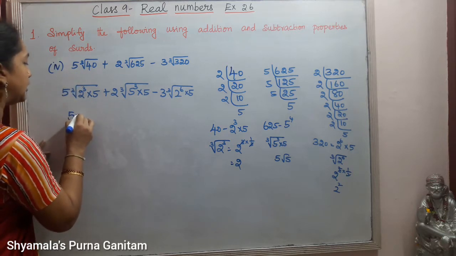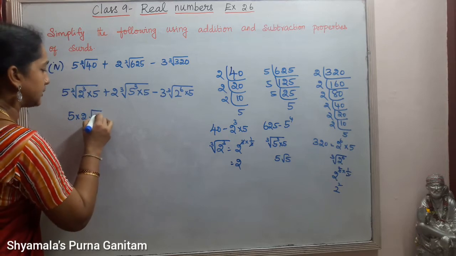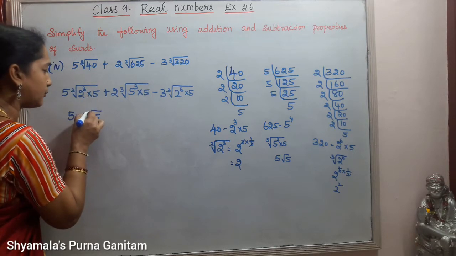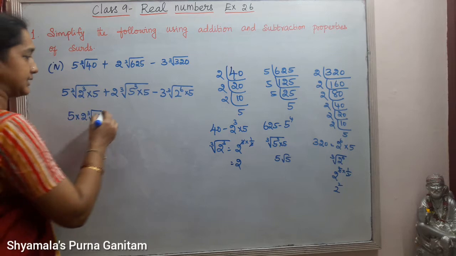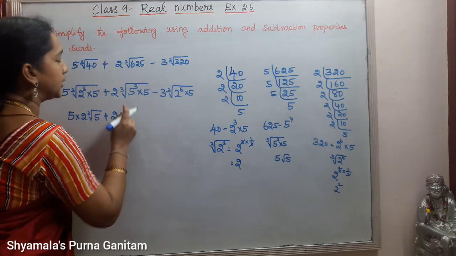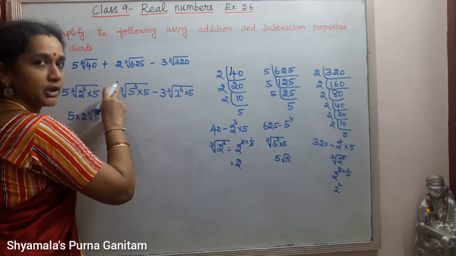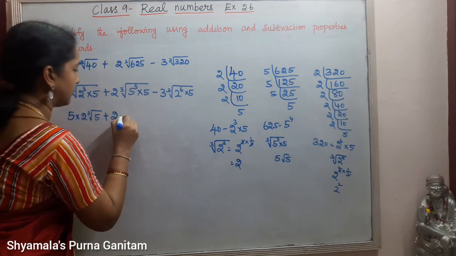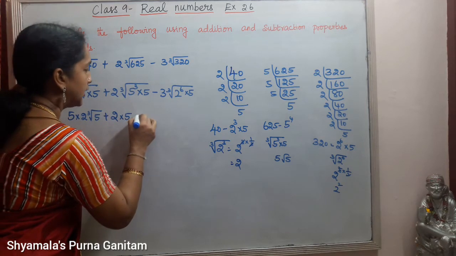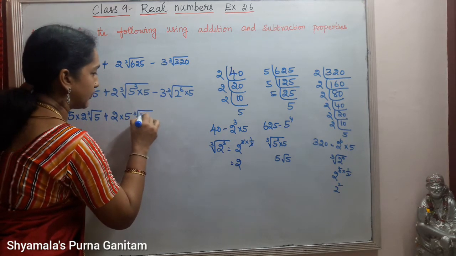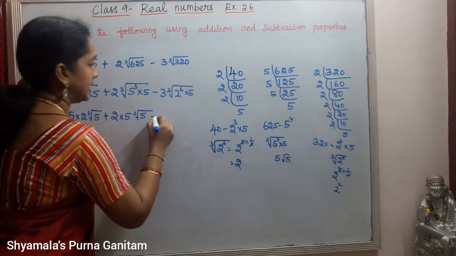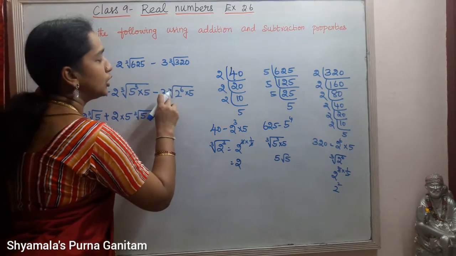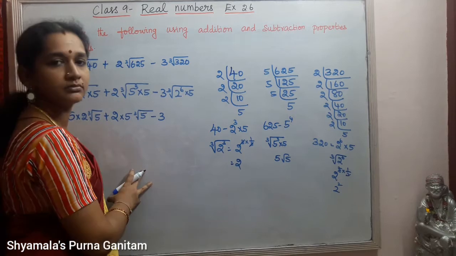So 5 into 2 root 5. The balance, cube root of 5, will be as it is, plus 2 into cube root of 5 cube, which will be 5. So 2 into 5 cube root of 5. Okay. Minus 3 into cube root of 2 power 6.